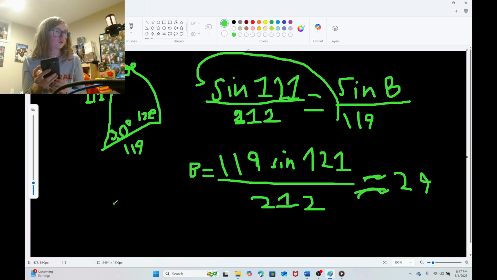So let's see here, if we have 30, so it should be 212 sine 30 divided by the sine of 121.